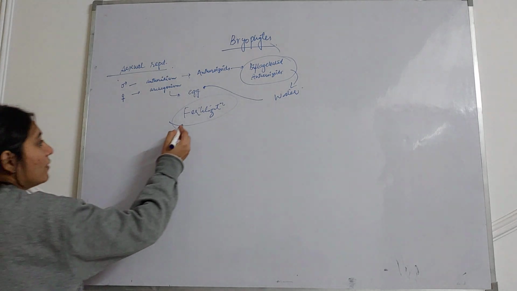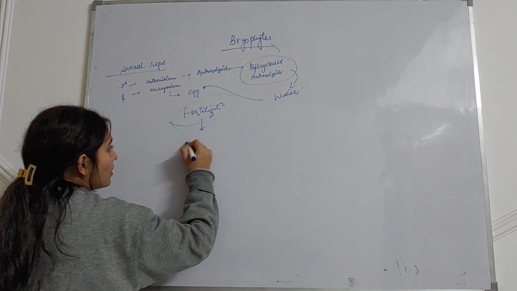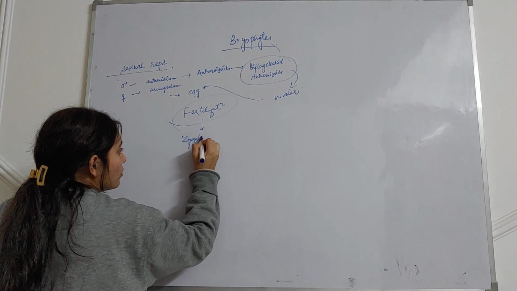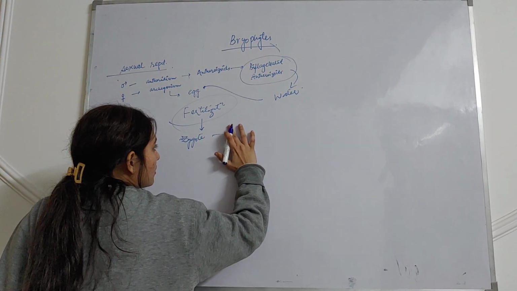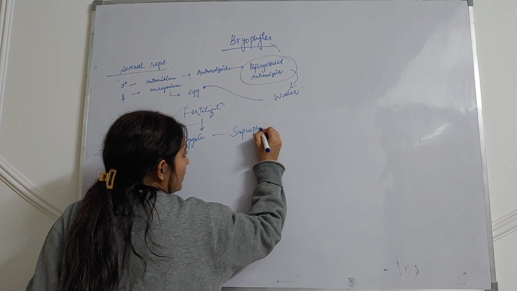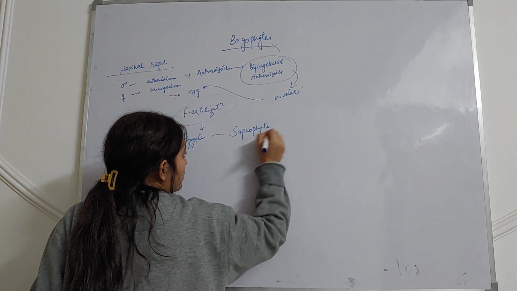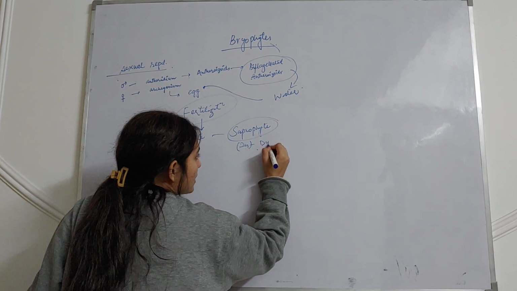So after fertilization, zygote is formed, which is sporophytic in nature, means diploid stage.